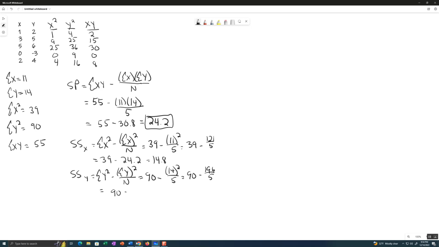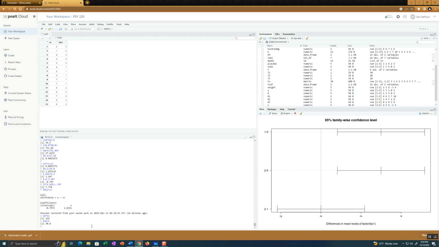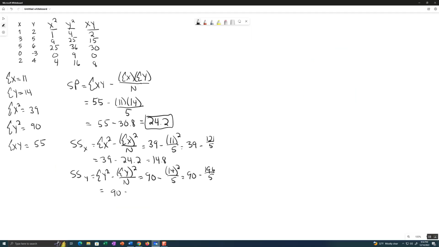Let's just double check. 14 squared is 196 divided by 5, 39.2. So let's do 90 minus 39.2 here. And that's going to give us 50.8. So I have my two sum of squares, 14.8, 50.8. And just double checking that, 10, 35, 39.